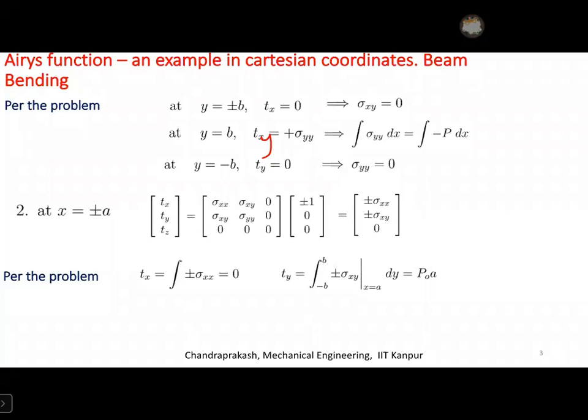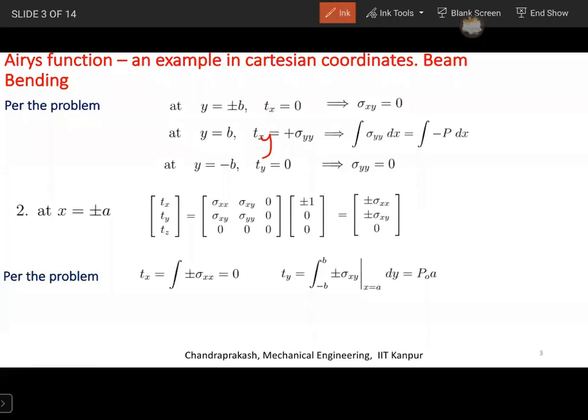Because the reaction at each support point, of which there are two, is p0 a by 2. Now there's a slight typographical error which is popping up here. p and p0 are the same. Okay, so p is equal to p0. They both are identical.